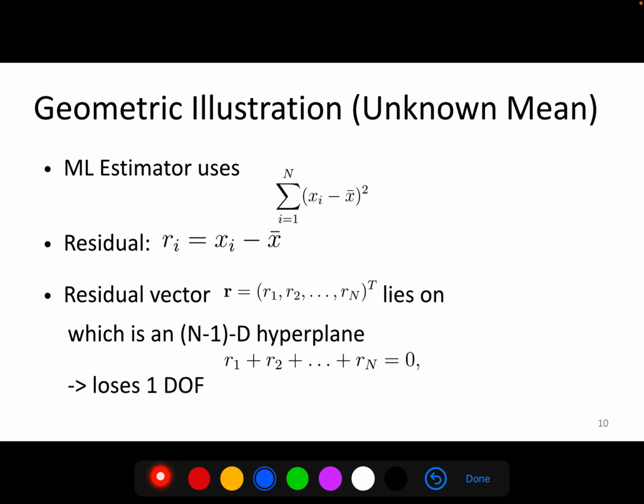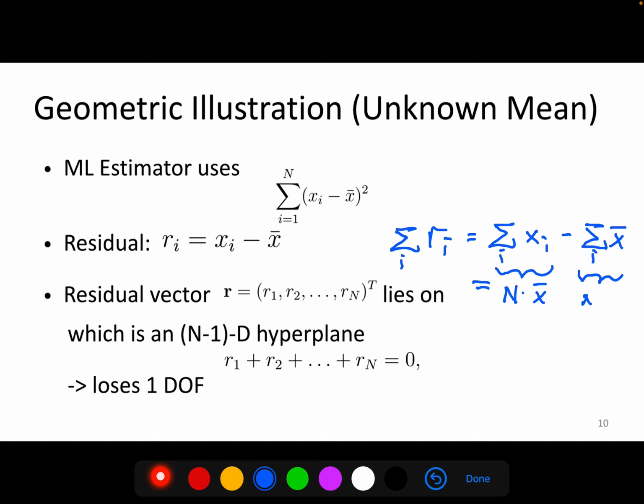We can easily show that the sum of the n residuals equals the sum of the n samples minus the sum of the n sample means. So this part equals n times the sample mean, and this part equals n times the sample mean. So the final result is 0.